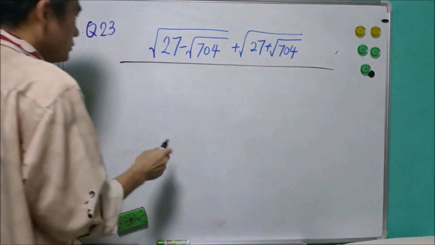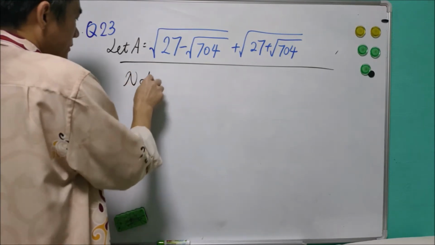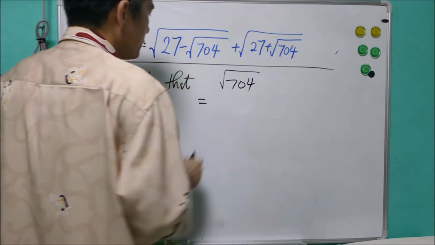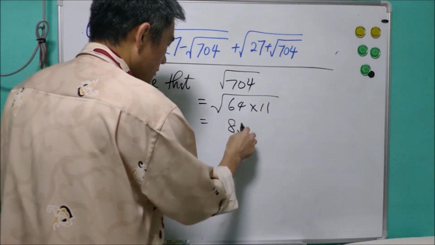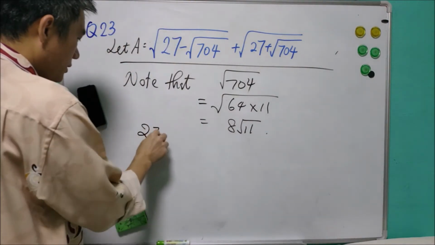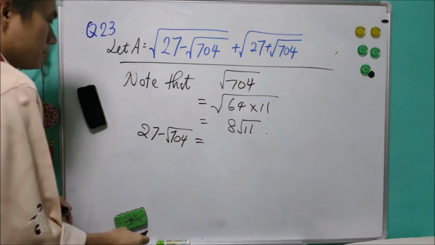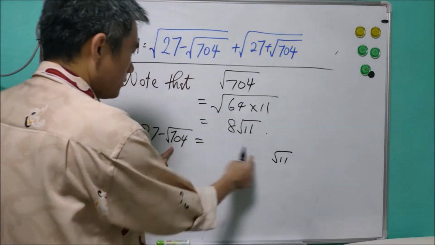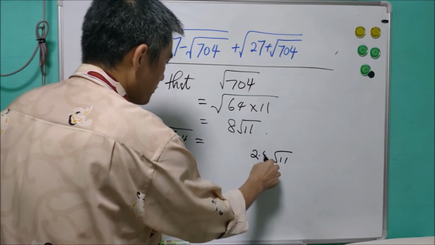So for method 2, we'll let this be equal to a, and note that square root of 704 equals square root of 64 times 11, and therefore this is 8 square root 11. Next, note that 27 minus square root of 704 is equal to 27 minus 8 square root 11, but 8 I can write as 2 times 4.